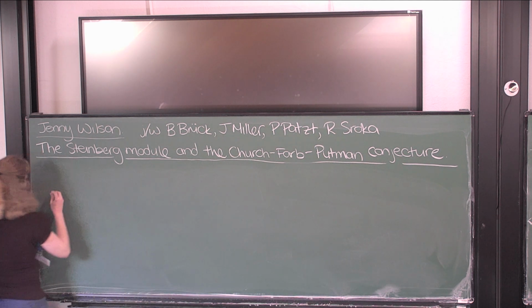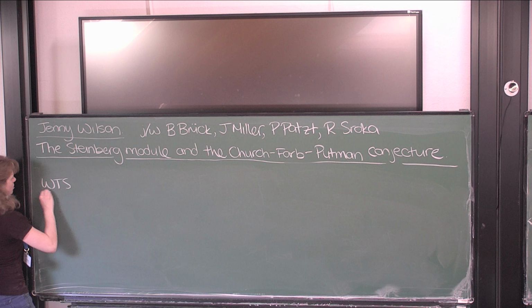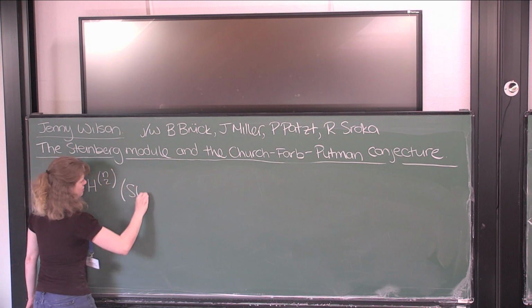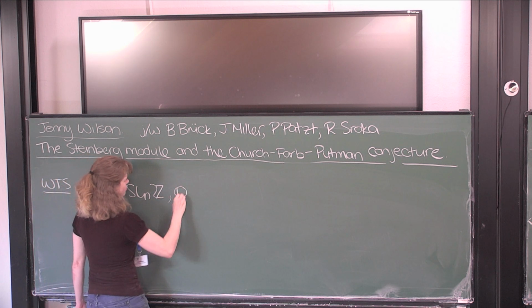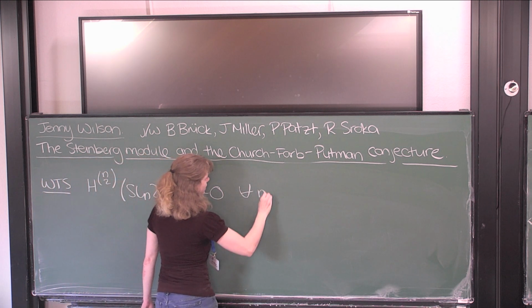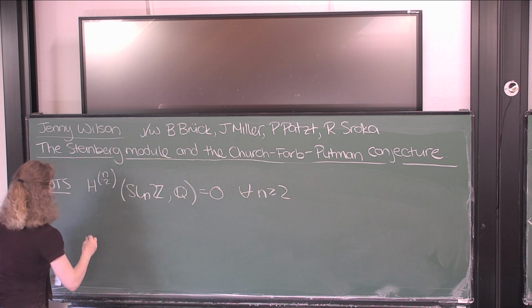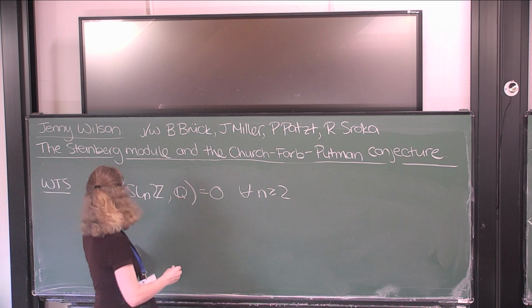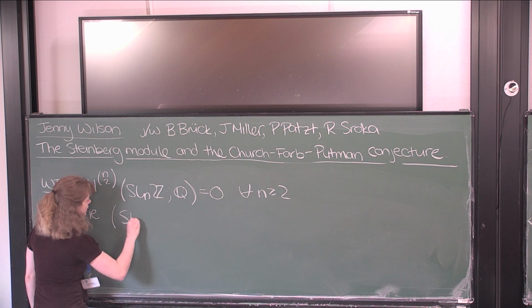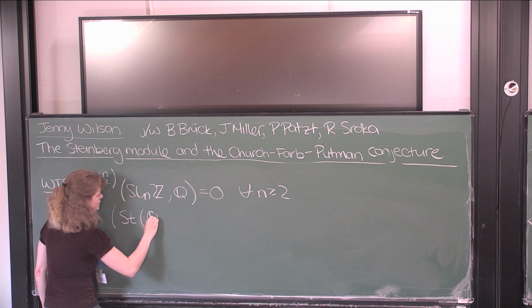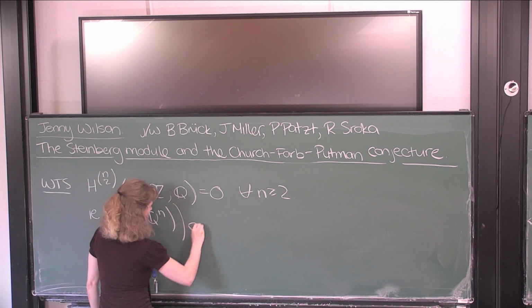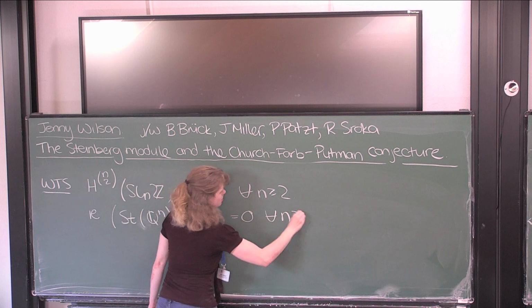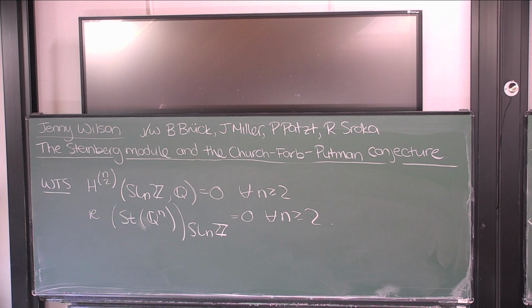All right, so we want to show that this group is 0 for n at least 2. And by Borel-Serre duality, this is the same as checking that the SL_n(Z) coinvariants of the Steinberg module vanish for all n greater than or equal to 2.